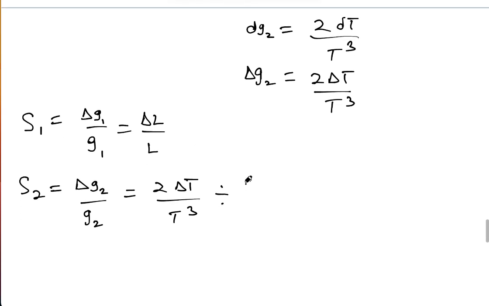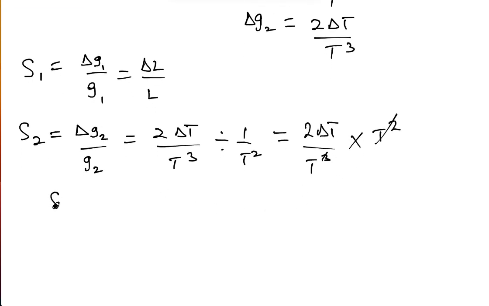So you put 1 over T squared here, and if you do this very well, you have 2 times change in T over T raised to power 3 multiplied by T raised to power 2. This will cancel 2 of these and you'll be left with 1. So what does that mean?